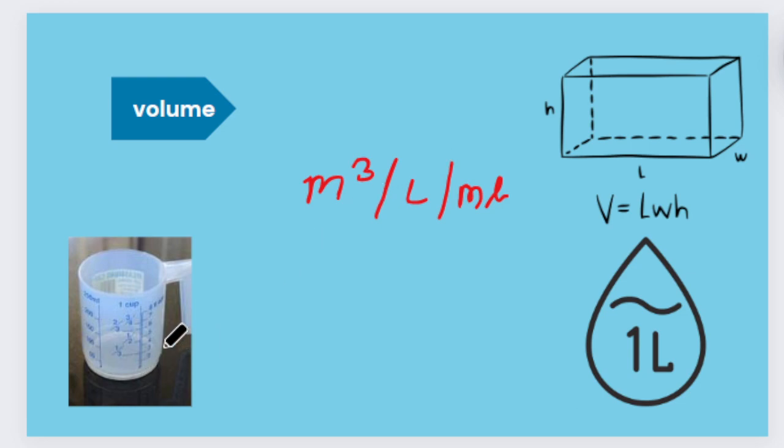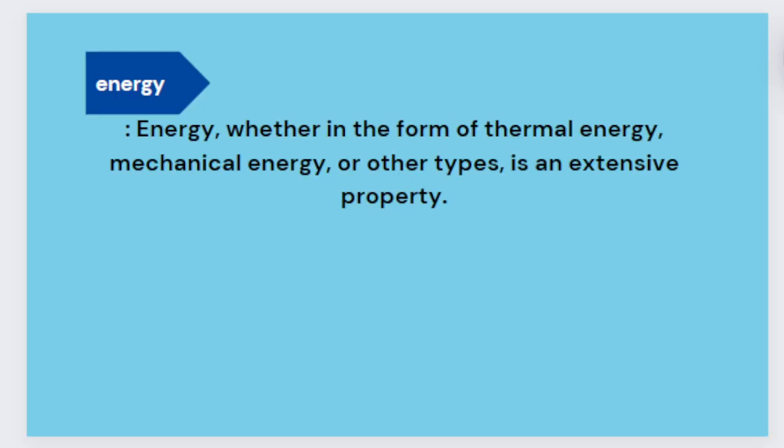As we see here, with the measuring cup, we easily measure volume, how much liquid we pour in it: 1 liter, 2 liter, 3 liter. If I take another example, the volume of a rectangle, the formula is volume equals length times width times height.